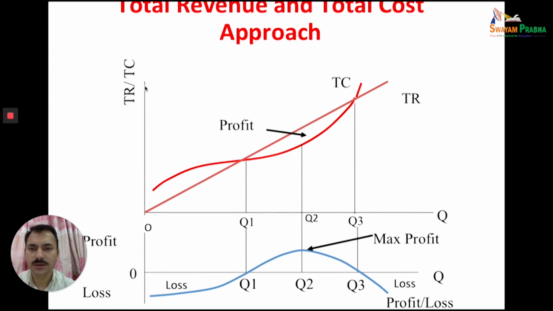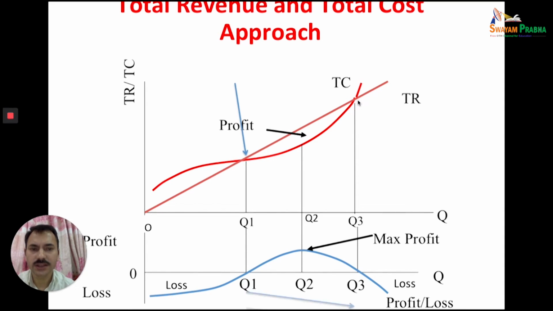In the last module we also discussed almost the same diagram. This is the total revenue curve, this is the total cost curve, and the difference between total revenue and total cost is the profit. This is the point where total revenue equals total cost.